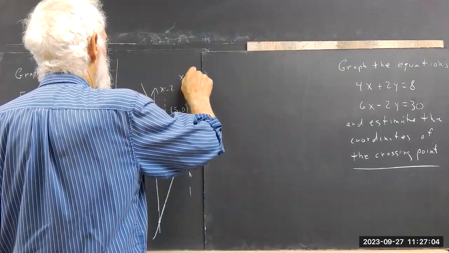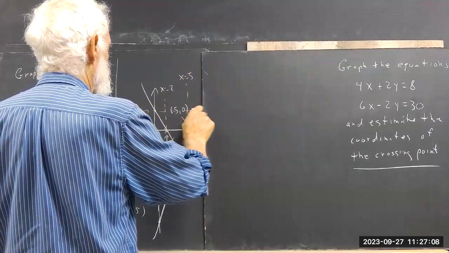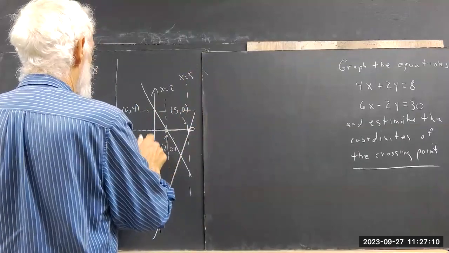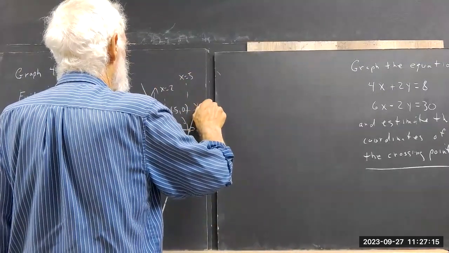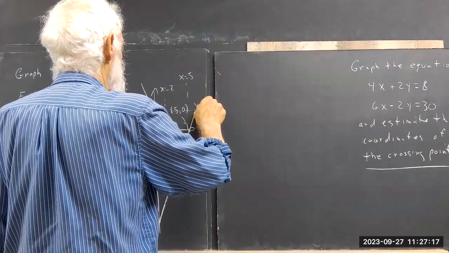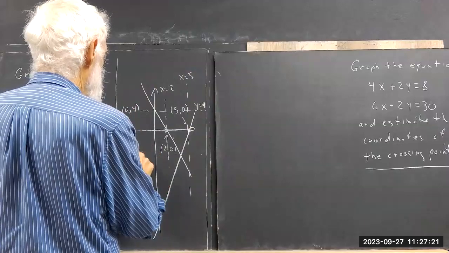Here's where x equals 5. Here's where y equals 4. Come down an equal distance, we get y equals negative 4.